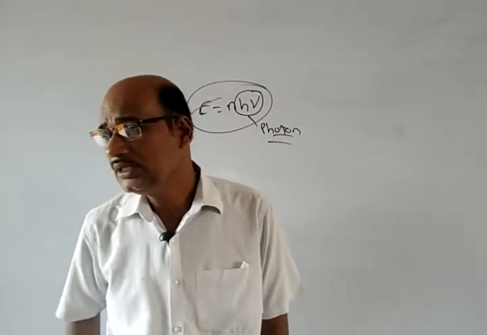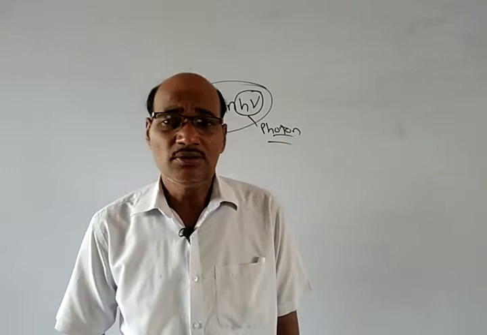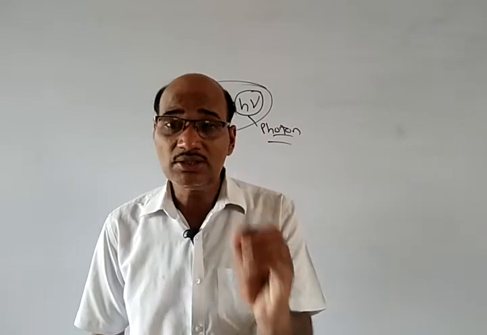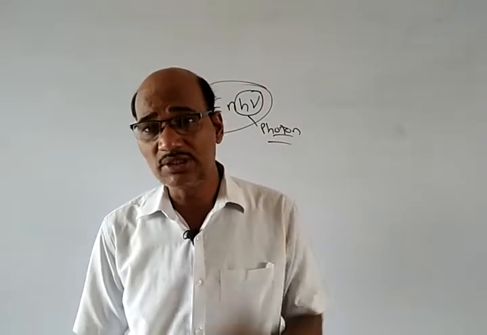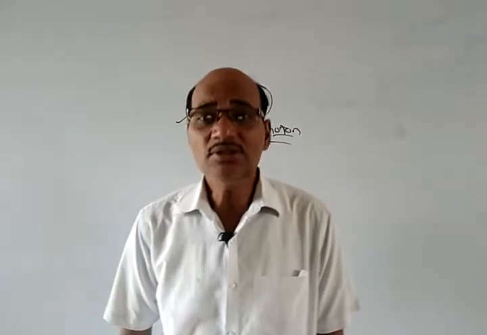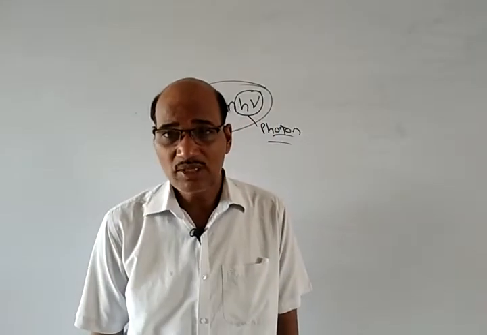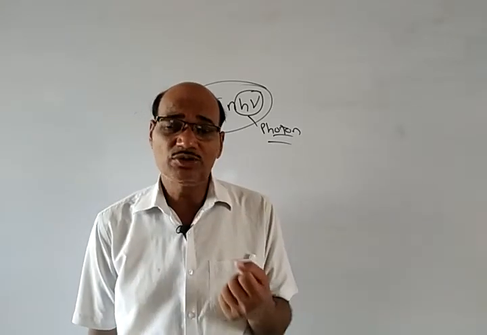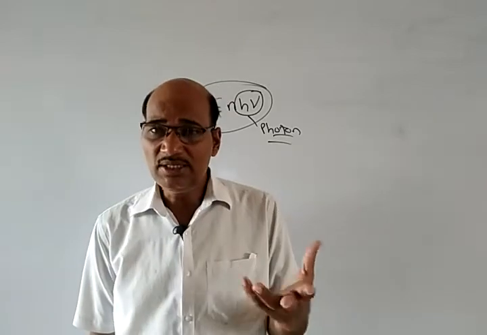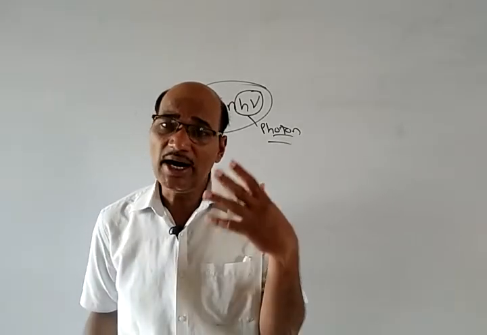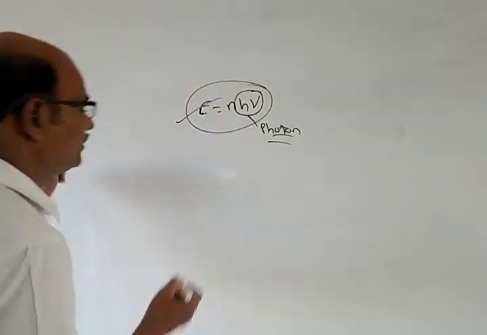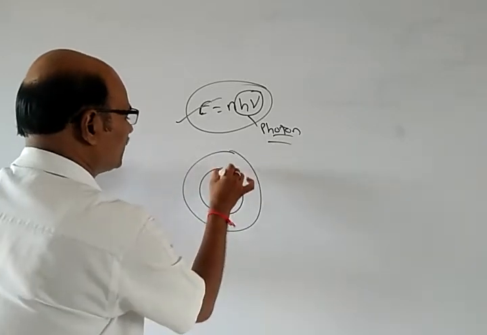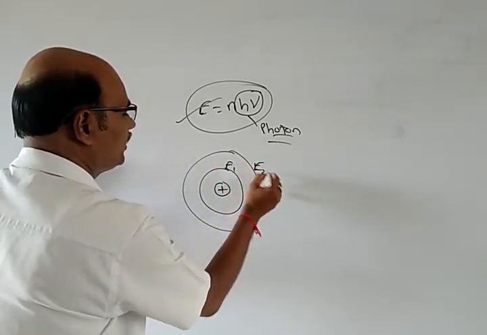The electrons revolve around the nucleus with a certain energy, and as long as an electron revolves in an orbit, it neither emits nor gains energy. It gains energy only when it jumps from a lower orbit to a higher orbit, and it loses energy when it jumps from a higher orbit to a lower orbit. If this is the nucleus, this is one orbit with energy E1, and another orbit with energy E2.